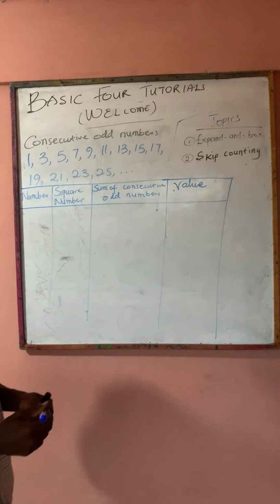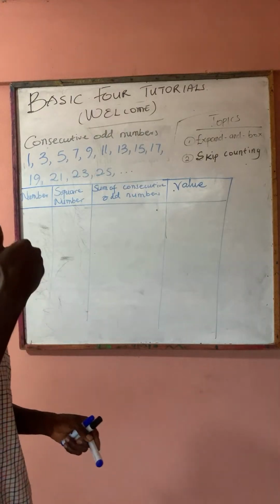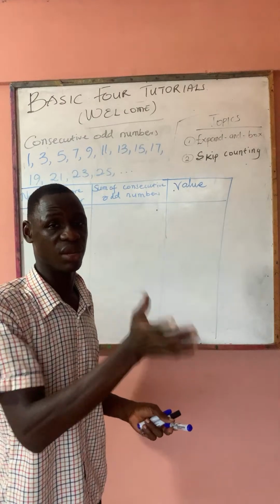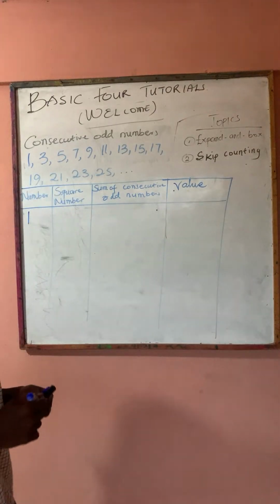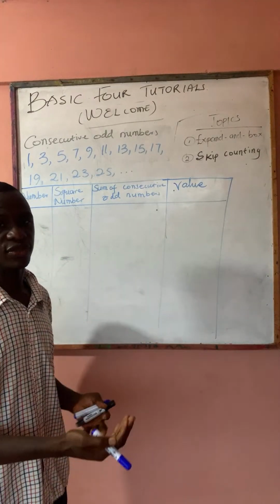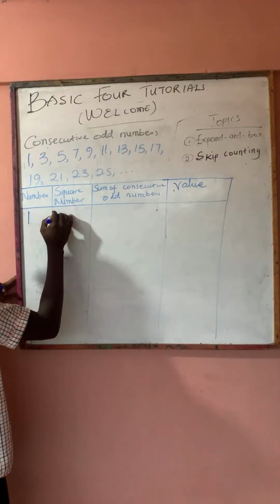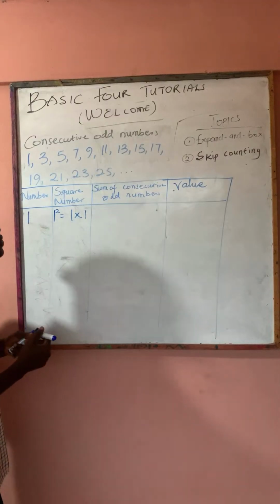Alright, so let's start with the very first set of numbers, 1. We are using the set of counting numbers. The number is 1. What would be the square of 1? That means 1 will multiply itself. So we get 1 squared, which implies 1 is multiplying itself.